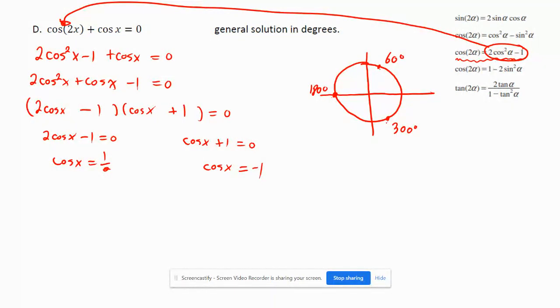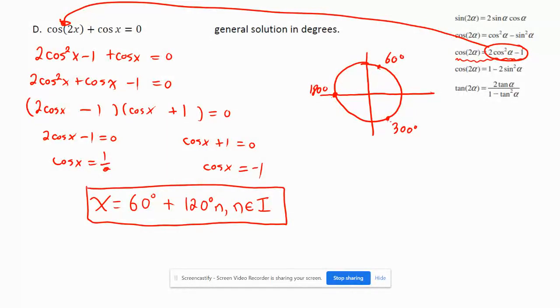Plus 120, I get 300. If I go plus 120 again, I would get 420, which is a coterminal angle to 60, and keep adding 120 like this. So our general solution is going to be x equals 60 degrees plus 120n, where n is an integer like this.